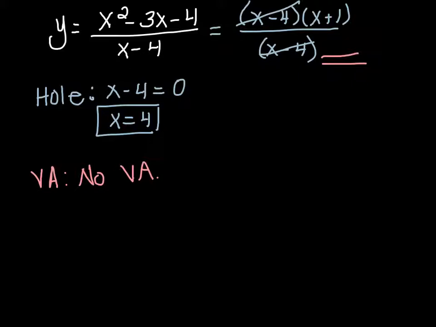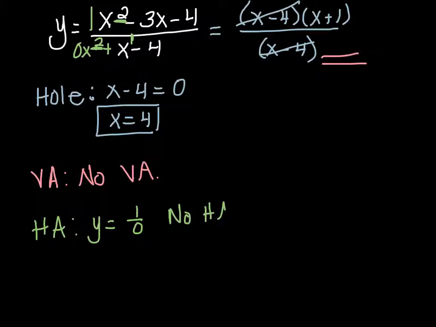Horizontal asymptotes compare the degree. So I'm going to go back to the original one in white. I'm comparing this degree with this degree. They're not the same, so I'm going to add a plus 0x^2 to the bottom, and now they're the same. So I'm comparing the coefficients. y equals 1 over 0, which means, again, that's undefined, so I have no horizontal asymptotes.